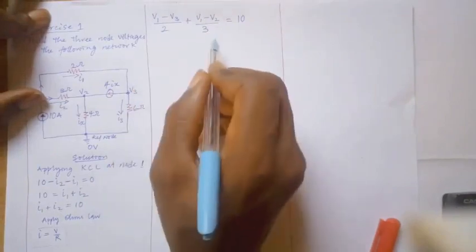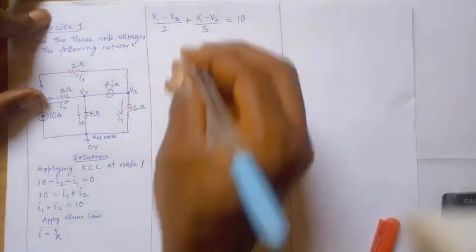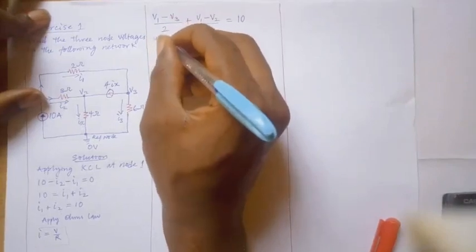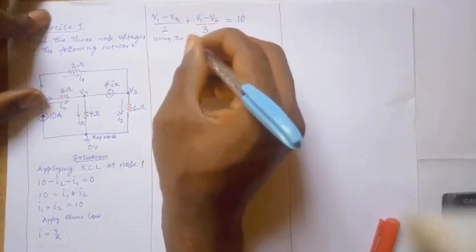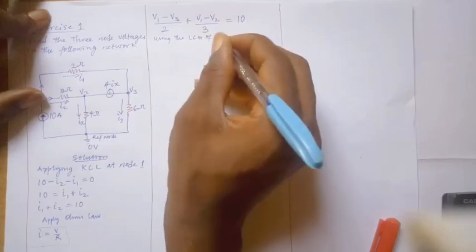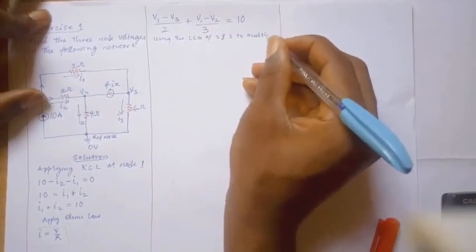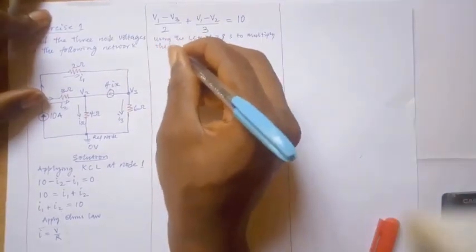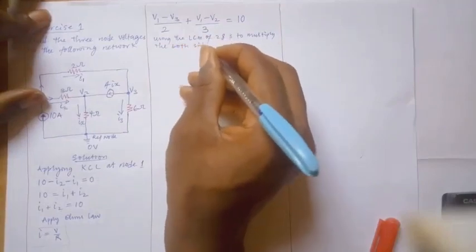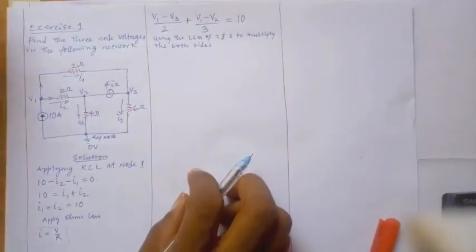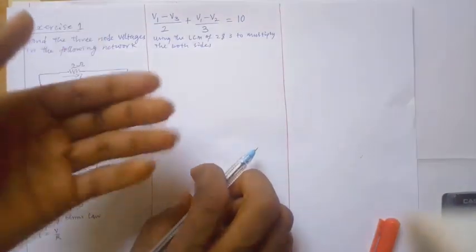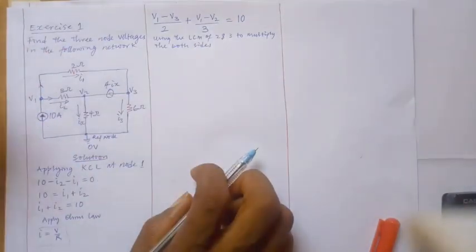So we now use the LCM of 2 and 3 to multiply both sides. Don't forget that you can say multiply both sides by the LCM of 2 and 3. I think that one is straightforward. We are still saying the same thing.